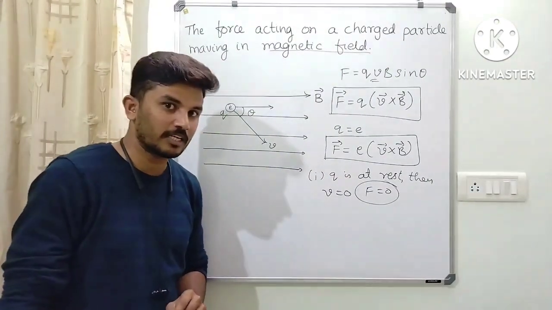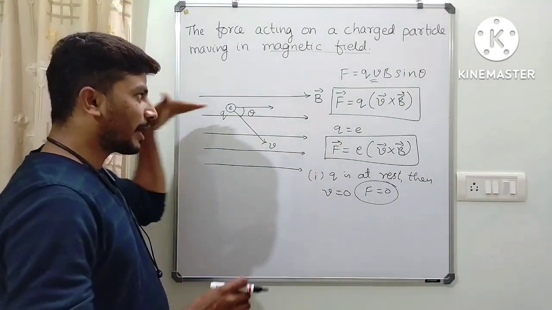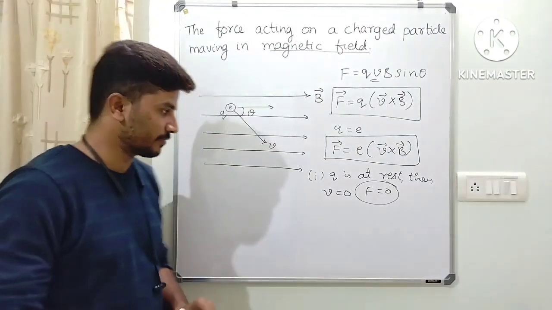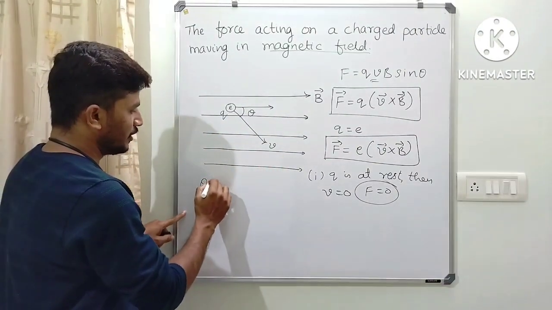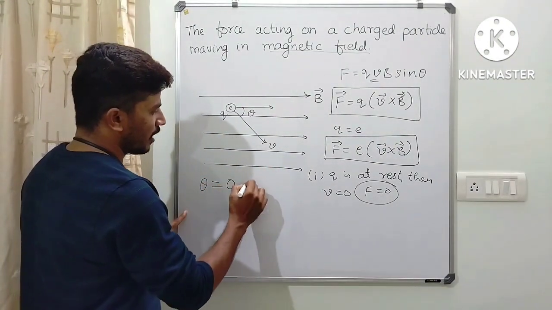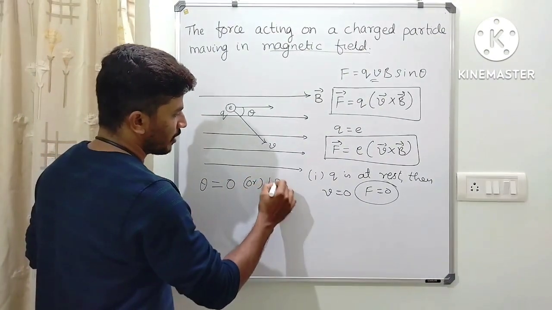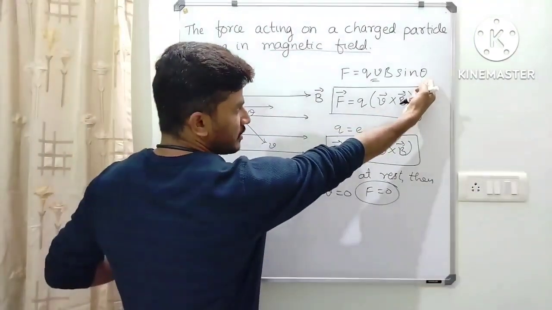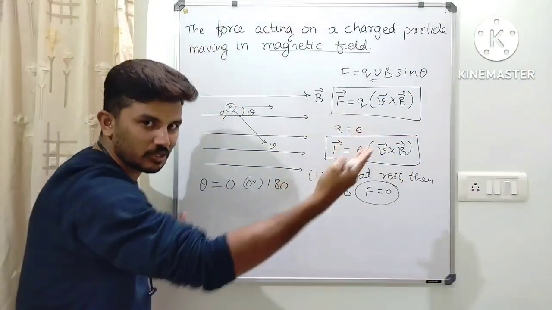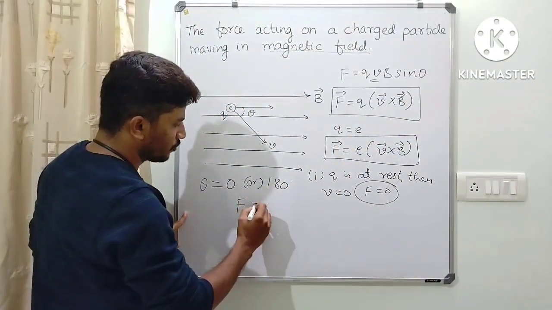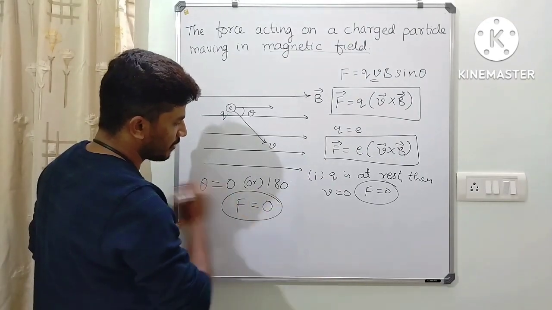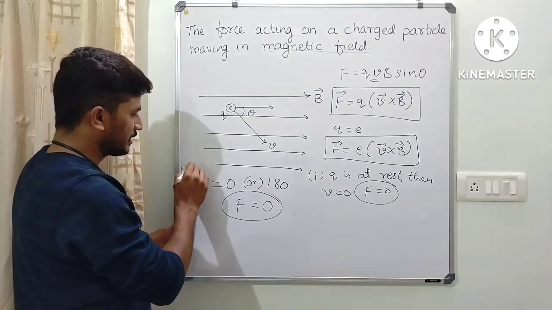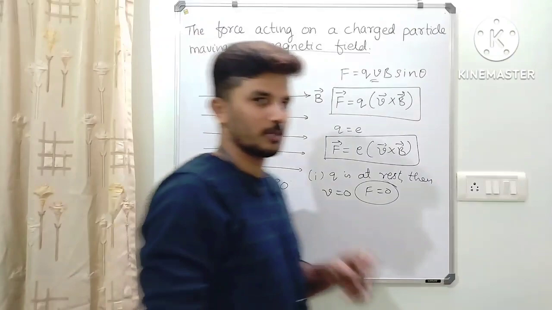Secondly, one more thing. If the charged particle is moving parallel to the magnetic field, then theta value is 0 or 180 degree. Then sine of 0 or 180 degrees is again 0. Then also the force experienced by that in this special case is 0.